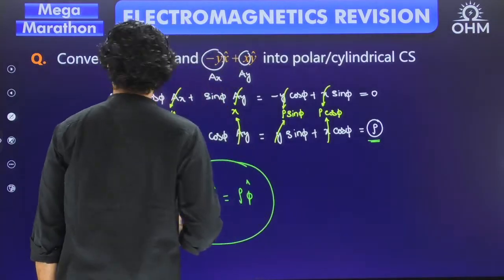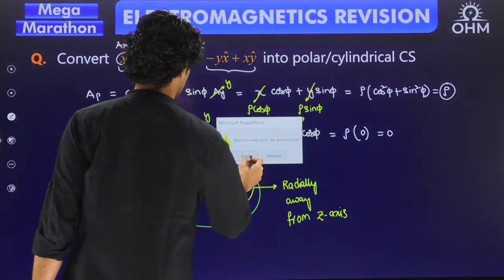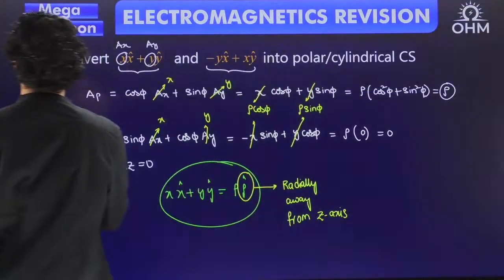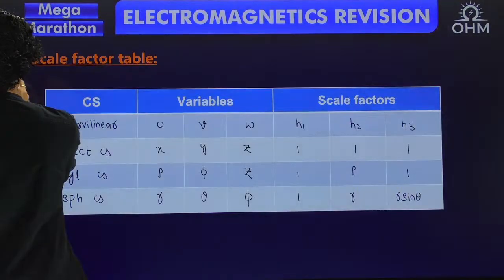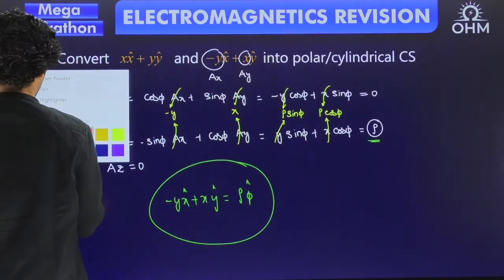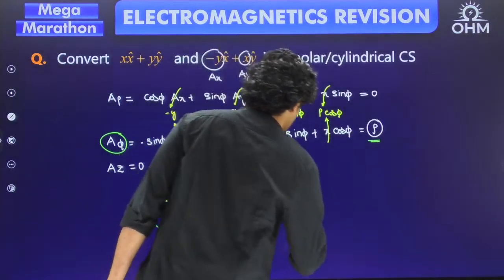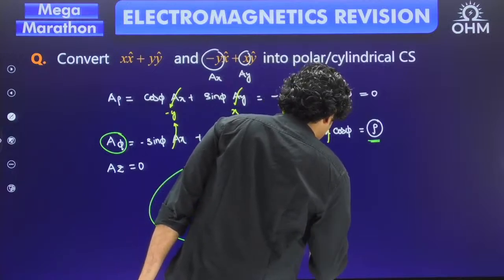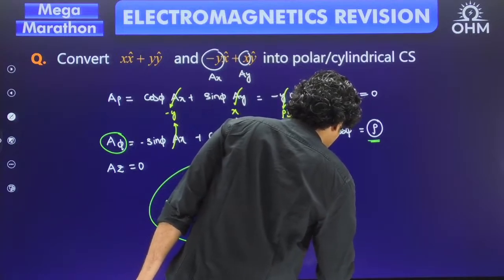Now what is this phi cap direction I've told you? Phi cap is nothing but the direction which is circulating around z axis.